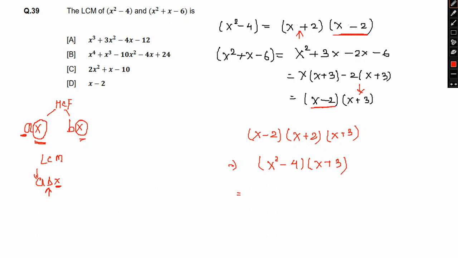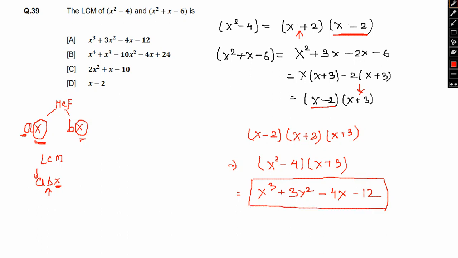If we simplify, x cube plus 3x square minus 4x minus 12, which is our answer. Okay, option 1. So I hope this question is clear to you.